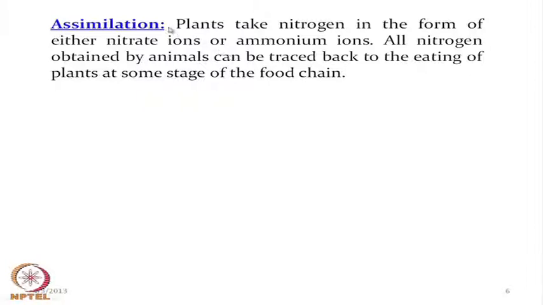The plants require these ions for their survival, for the production of important molecules, but instead these ions percolate through the soil, depending upon the nature of the soil, and ultimately reach the groundwater.